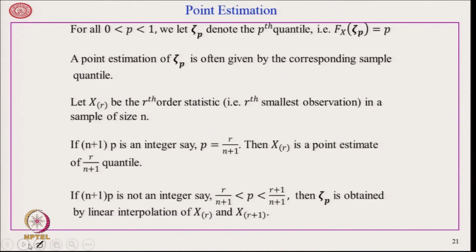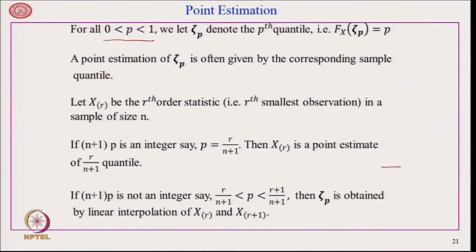Let us go into some estimation first. For all p, 0 less than p less than 1, let zeta p denote the pth quantile, that is, F of zeta p is equal to p.